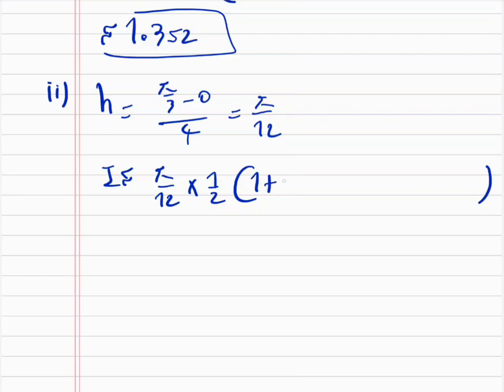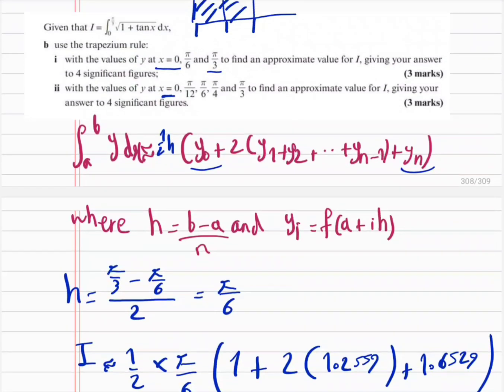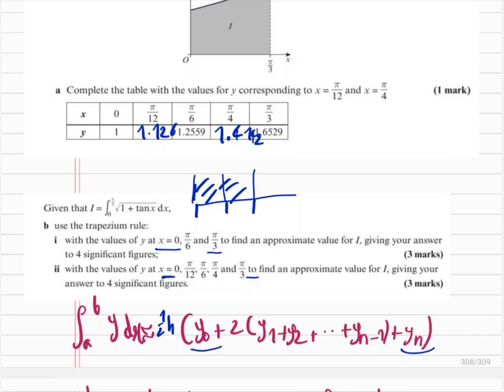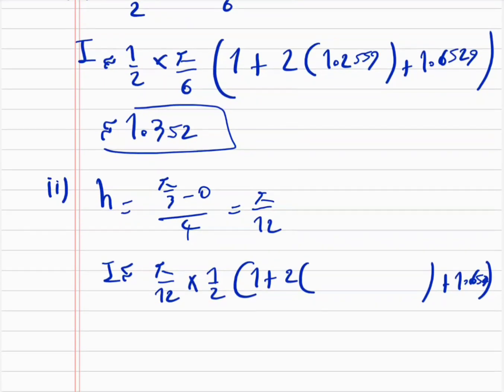So we'll have 1 plus the last one, 1.6529, and now everything in between is going to be inside a bracket. Remember that in between we have three different x values, so we'll have three different y values, for pi by 12 to pi by 4.